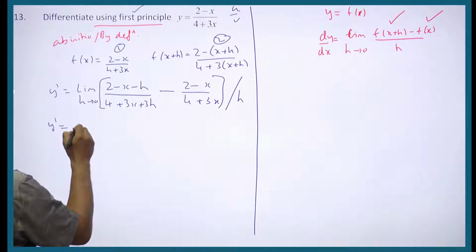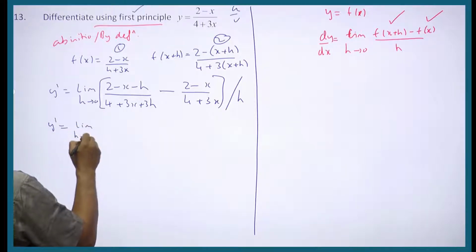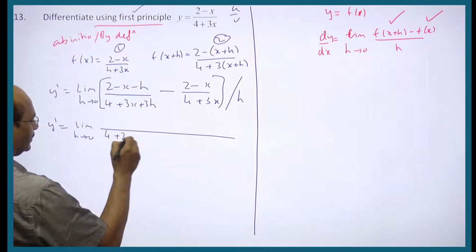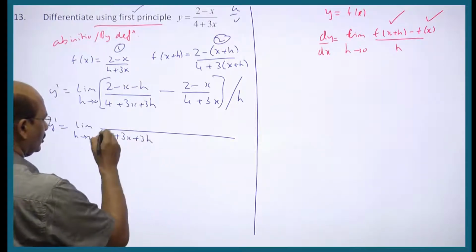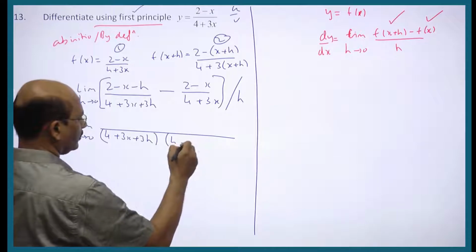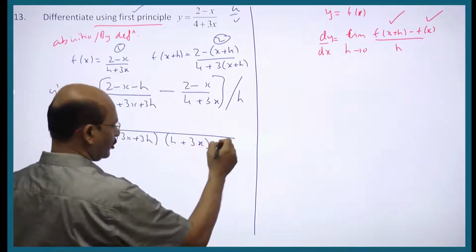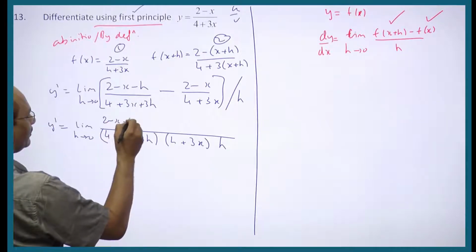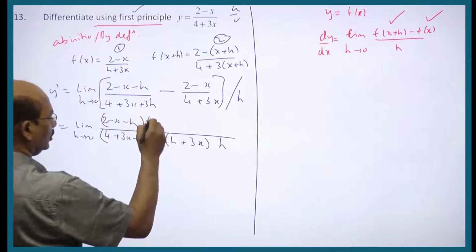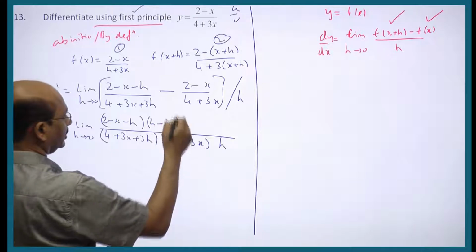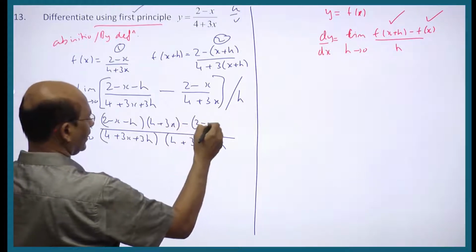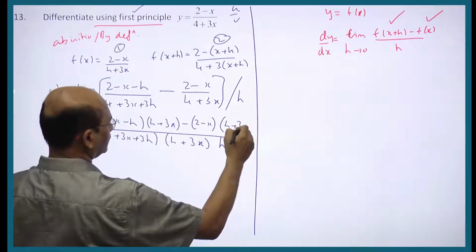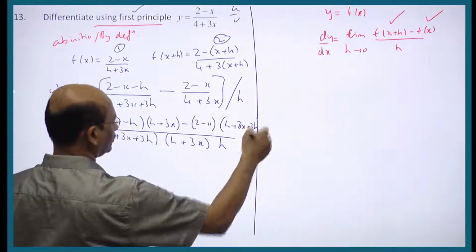So, y dash is the limit as h approaches 0, LCM is (4 plus 3x plus 3h) into (4 plus 3x), and the denominator h will come to the denominator, and it will be (2 minus x minus h) into (4 plus 3x) minus (2 minus x) into (4 plus 3x plus 3h).